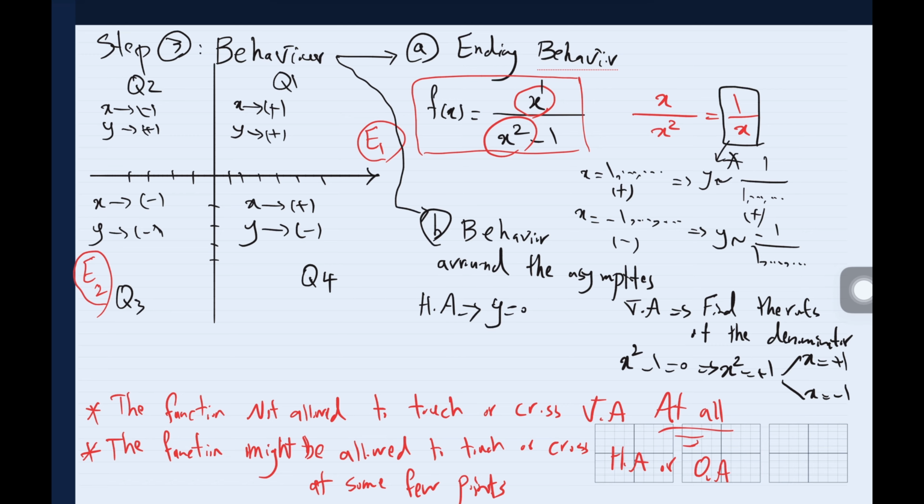So this is a very important key point here. So in this case, I'm going to take this function to the next page, so I have more space here to explain better.